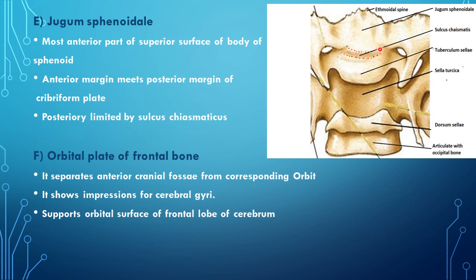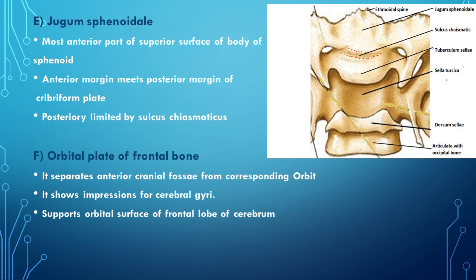Next feature we can see, not in this, but another feature, is the orbital plate of frontal bone. I had shown this in one of the pictures earlier. On either side there is a pair of bones forming the floor. The floor on the lateral side was formed by the orbital plates of frontal bone, and these plates separate the anterior cranial fossa from the corresponding orbit.